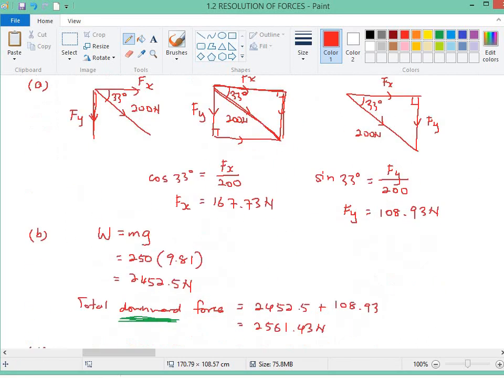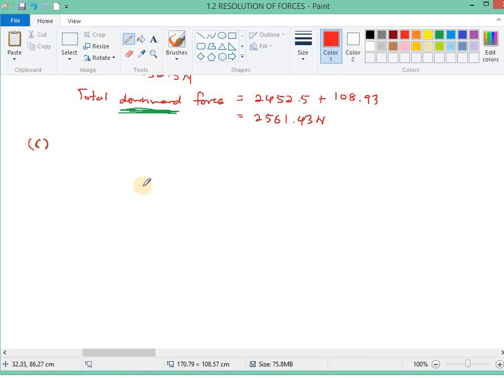So you see, when it is in the opposite direction, like this, 200 Newton, 33 degree, the vertical component becomes upward.